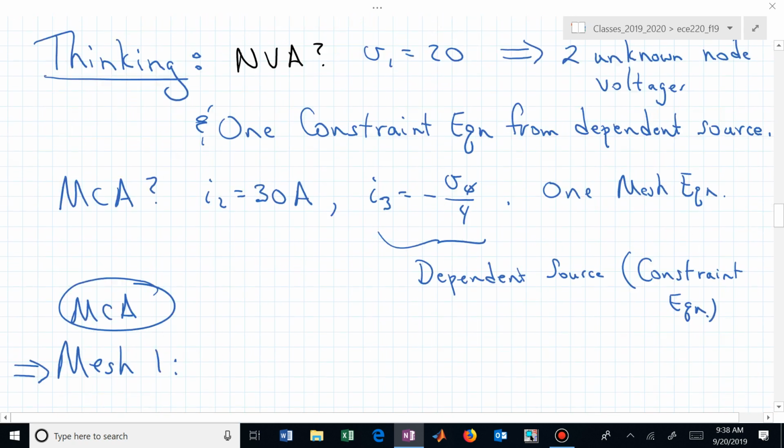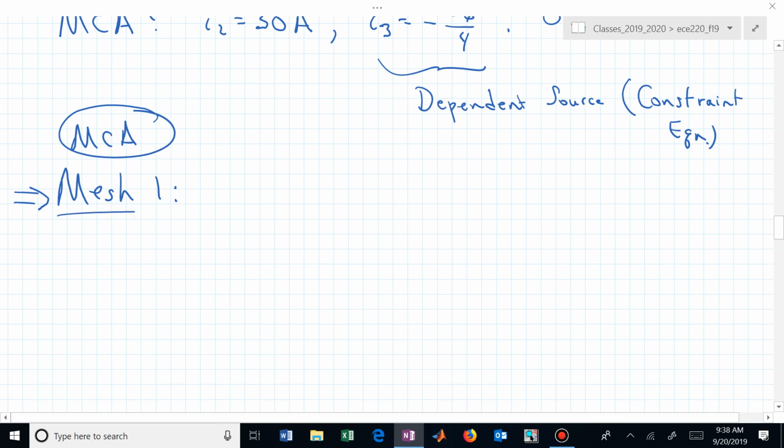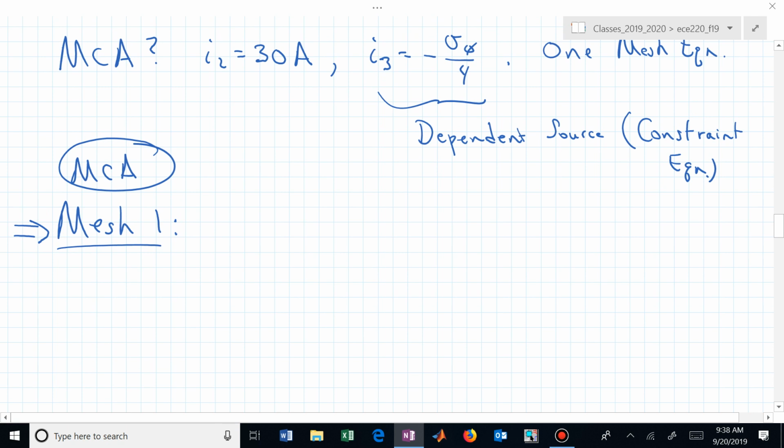Let me write that down in terms of the mesh currents, and then we'll substitute or replace what we know. So this is minus 20 plus 1 times I1 minus I sub 2 plus 2 times I1 minus I sub 3, and then we're back to where we started.